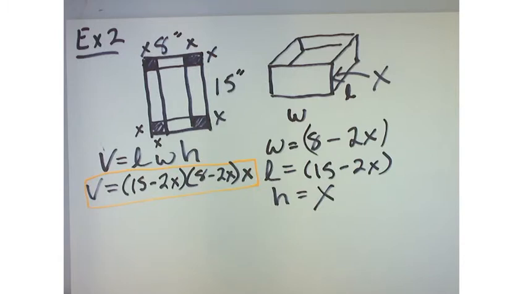Part B says find the domain of x. Are there any restrictions as to what x can or cannot be? Remember that domain says it's all the possible x's. What can x not be?